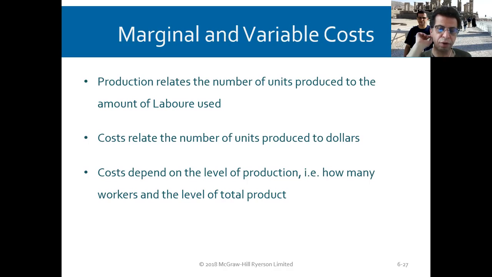Cost depends on the level of production, how many workers, and the level of the total product. So let's say the marginal cost is, if you put in one more labor, this is what you call the marginal, or the extra cost that happens. That's the marginal cost from the previous point.